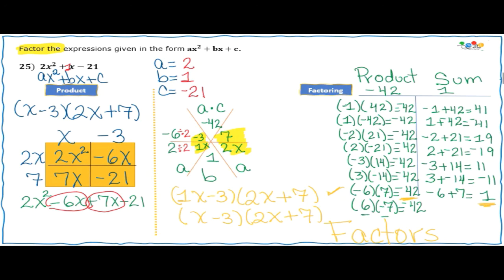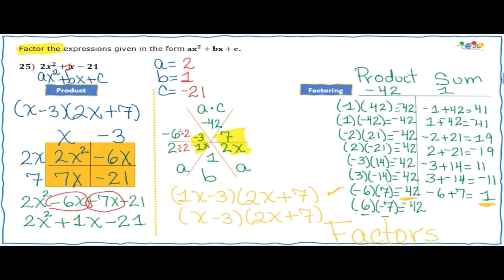I couldn't combine it with anything, so let's bring it down. The next is to add negative 6 and 7. So negative 6 plus 7, what do I get? 1x, right? Positive. Very good. And the minus 21 is my constant, which I do not combine with anything.